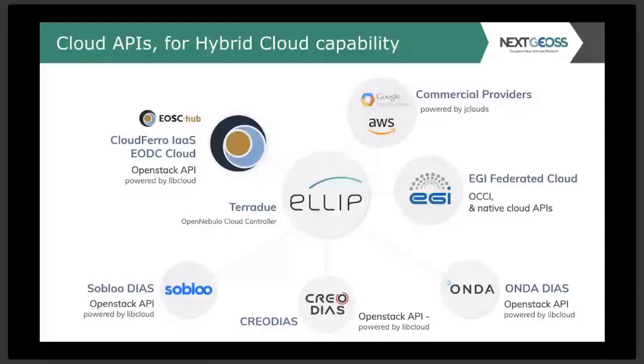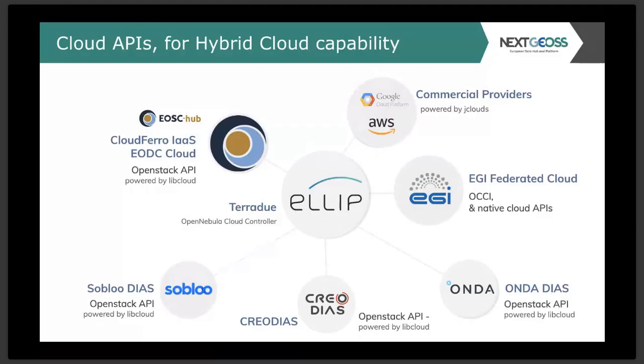And the engine for NextGEOSS is provided by ELIP. ELIP is the engine of the NextGEOSS Cloud Platform for the cloud integration and the cloud bursting services. It is hosted and operated by Terradue, and also supports other flagship initiatives such as the GEOSS exploitation platform that Björn was quickly presenting at the end of his presentation, or the integrated Arctic observing system.